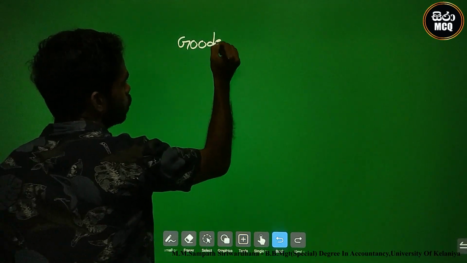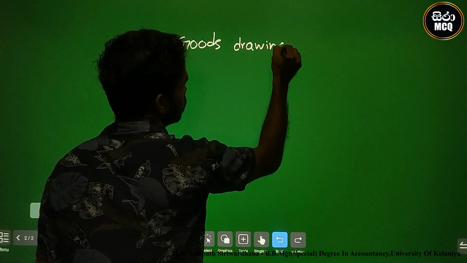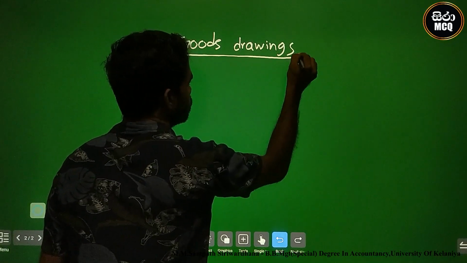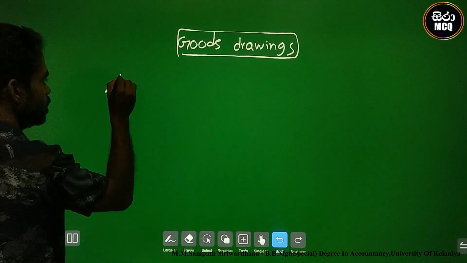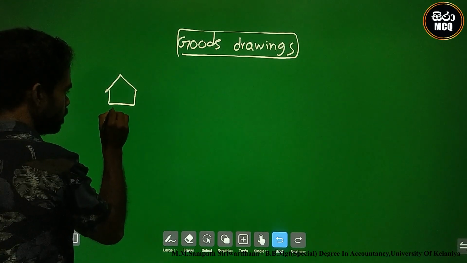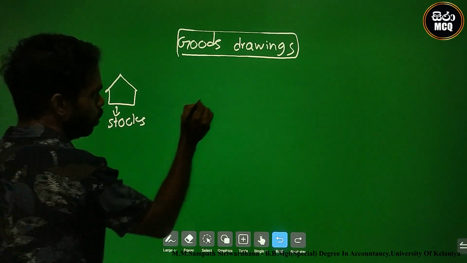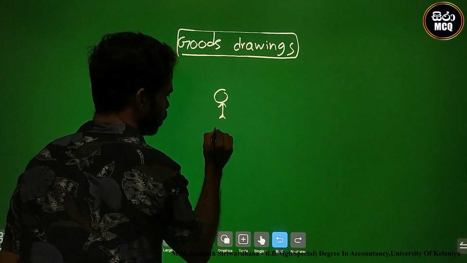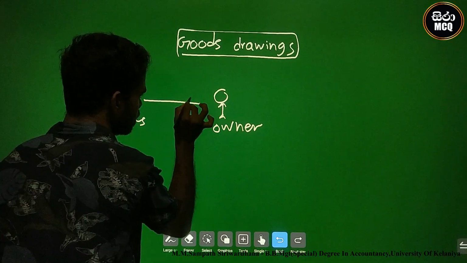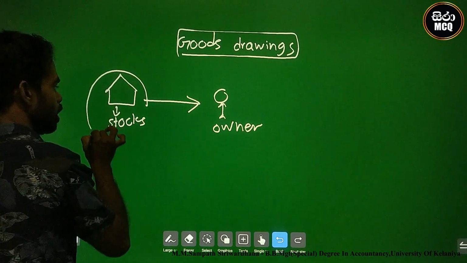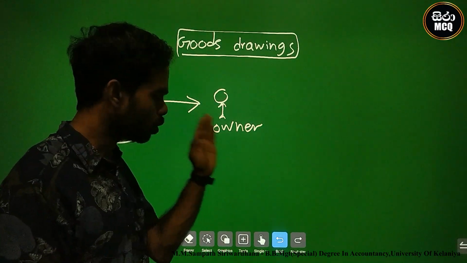There is a stock drawing. Stock drawings means the business has stocks, and the owner draws these stocks. This is the outflow of stocks to the owner.